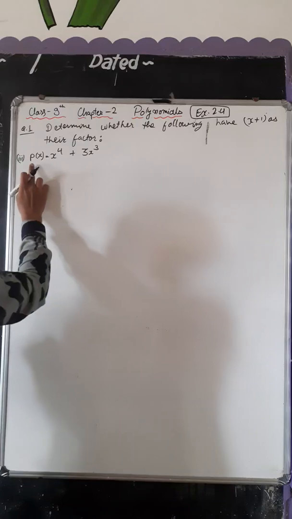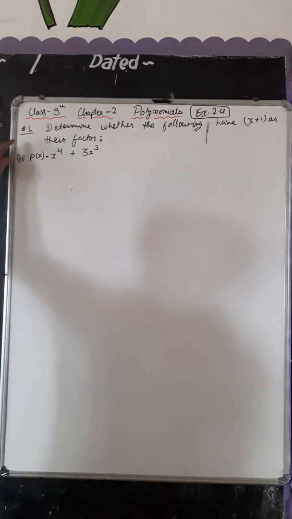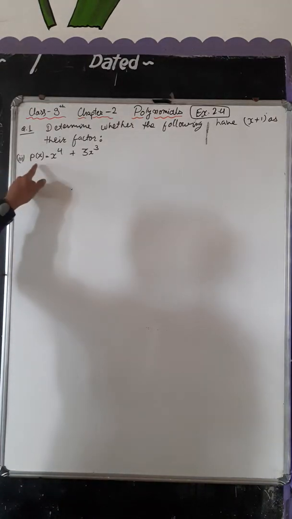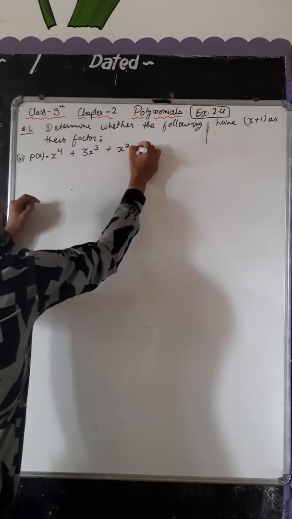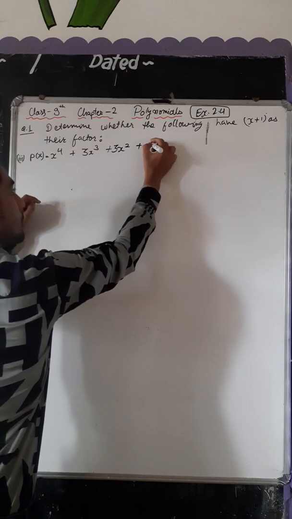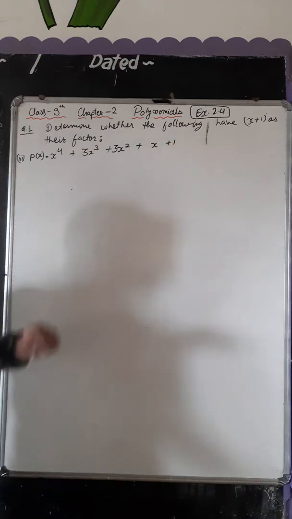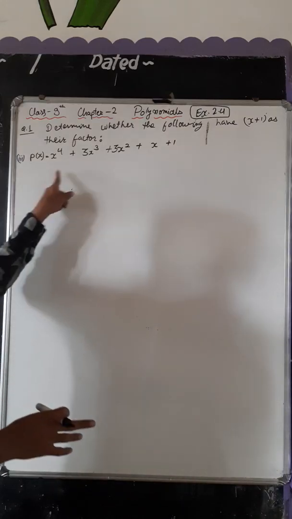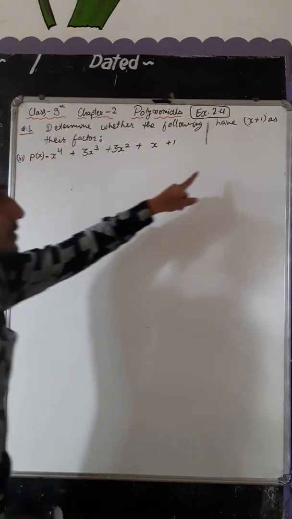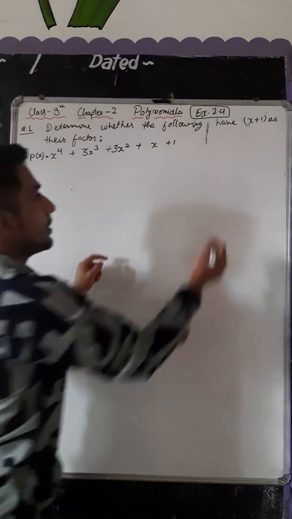Let's take तो आपका जो थर्ड क्वेश्चन है इसका थर्ड पार्ट आई एम डूइंग दैट. So this is the question. We have to find whether this x plus 1 is a factor of this.